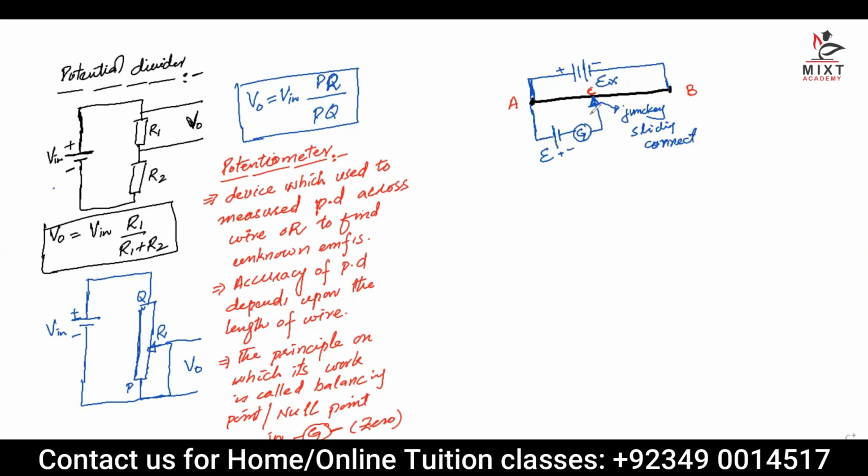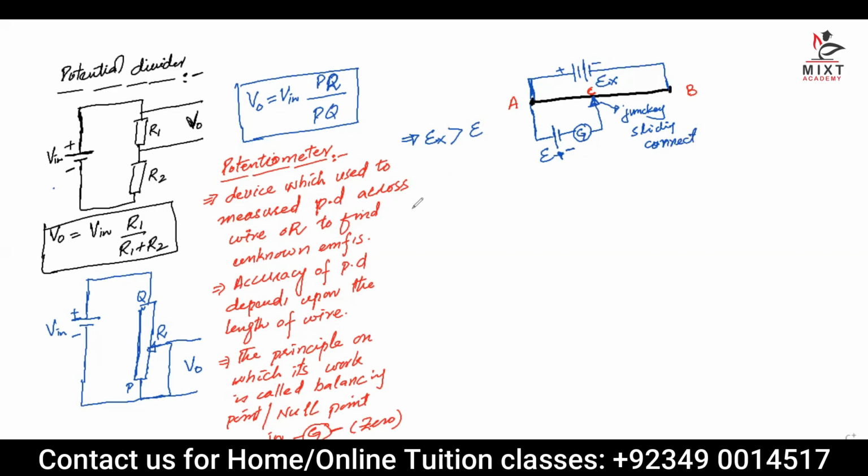Now remember the first condition, a very important condition. This MCQ also comes. Remember, the source EMF is always greater than the other EMF, otherwise your potentiometer will not work.